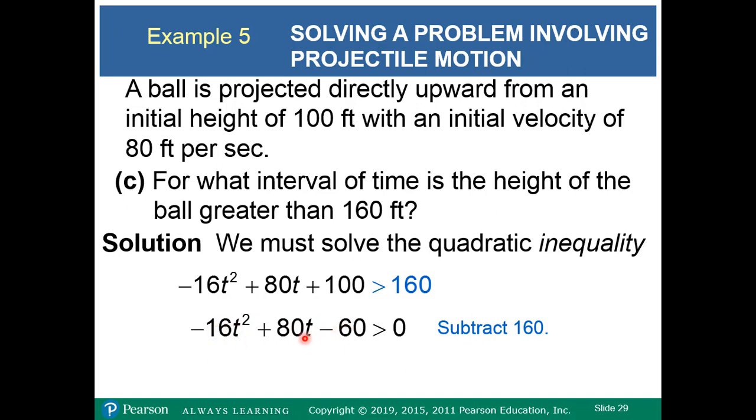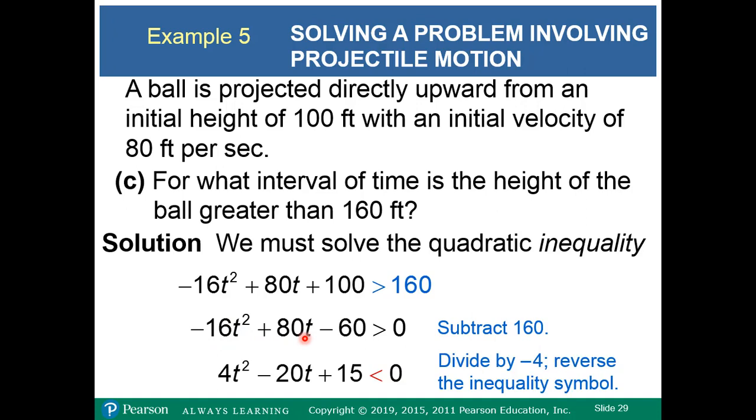We want to factor out a common factor as much as possible, and there is a common factor of 4. So we can divide both sides by negative 4 to make this positive, and you get this. Whatever the solution is for this one will also be the solution to this one.